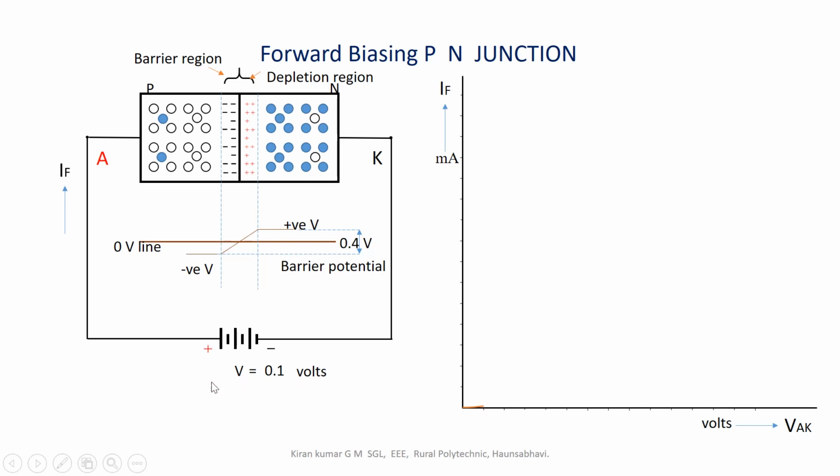Now, when the battery voltage is again raised to the next new level, say 0.2 volts, again there will be a reduction in the concentration of ions at this junction, reducing the barrier potential to a still lower level. With this barrier potential reduced, there will be a reduction in the opposition to the flow of these free electrons through this junction.